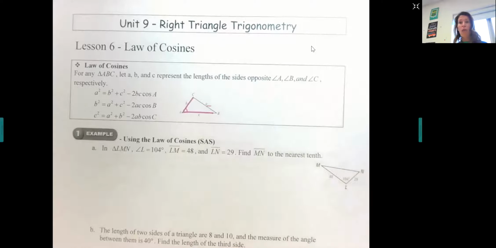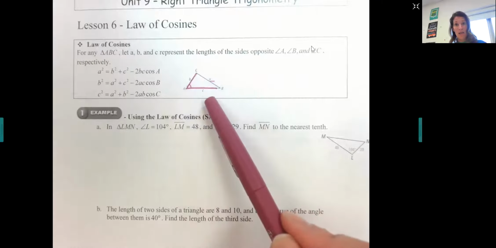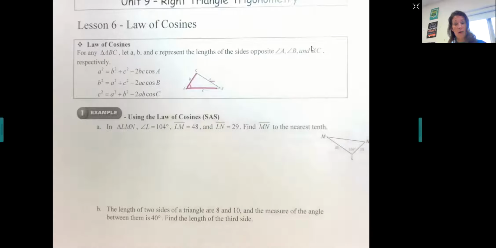If we're given all three sides, we will be able to solve for an angle. So that's what we're working on today: either we are given a side, angle, side, and we're able to solve for the side across, or we're given all three sides and we're able to solve for an angle. None of these are allowing us to do a proportion, which is what law of sines would be.